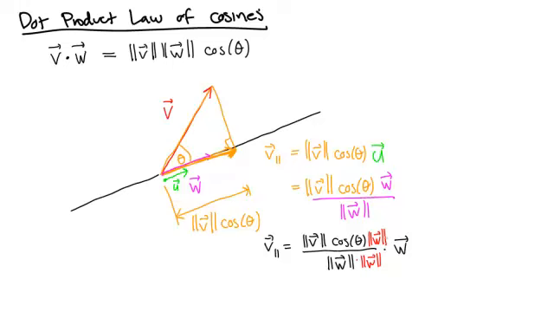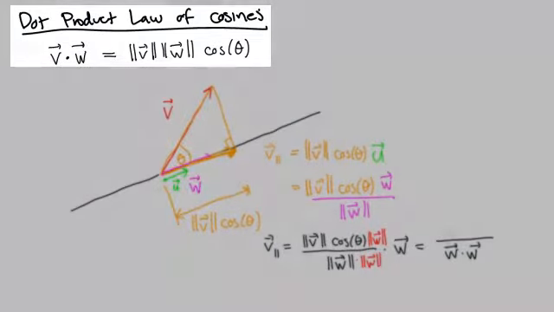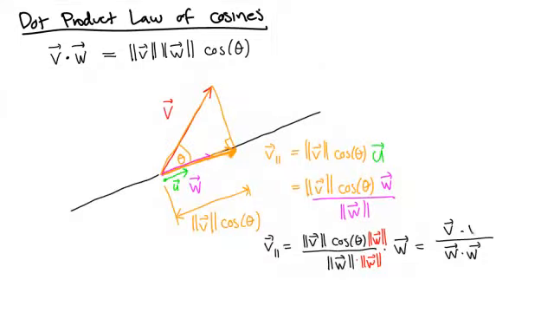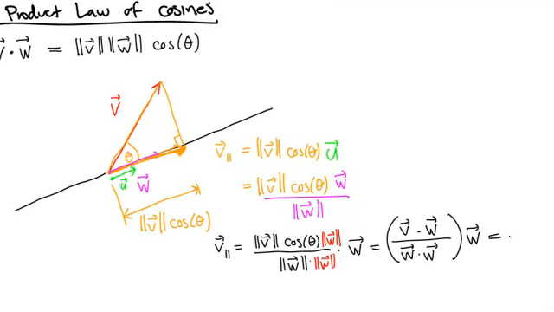On the bottom, the length of w times the length of w, that's the length of w squared, which is just the dot product of w with itself. And on the top, we've got the length of v times the length of w times the cosine of the angle between them. Well, that's just the dot product law of cosines. This is just v dot w. And so this becomes our new and improved formula.